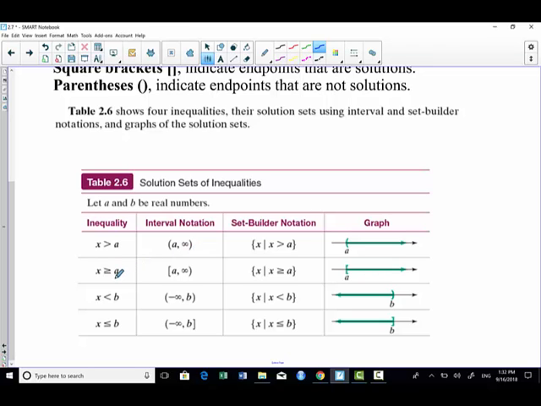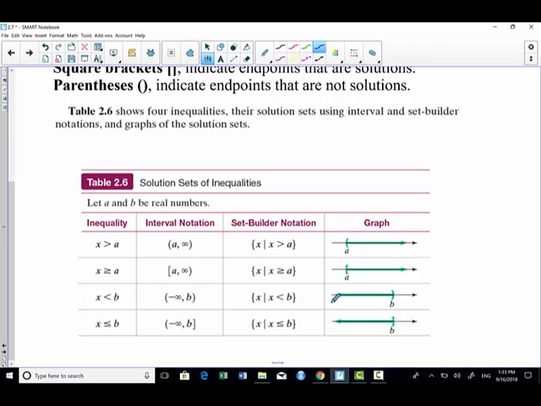The second case, x greater than or equal to a. In this case, we're going to use a square bracket instead of parentheses because a is in the solution set. The third case, x less than b. So we're going to shade the part to the left of b on the real number line to represent the set of all numbers that are solutions.